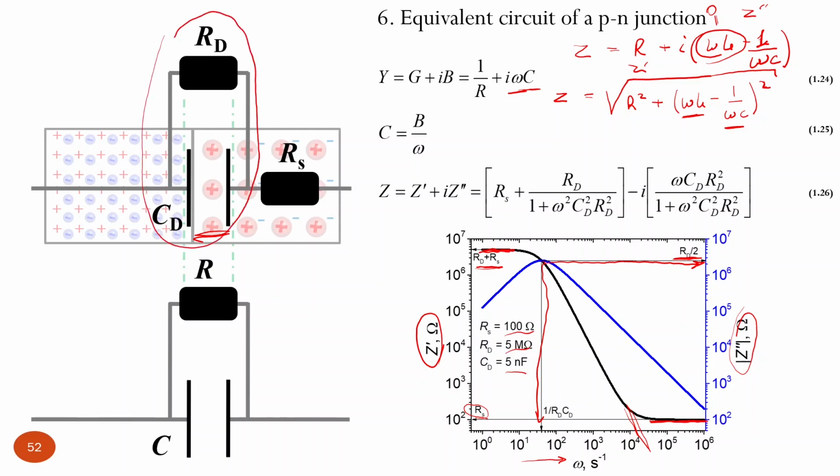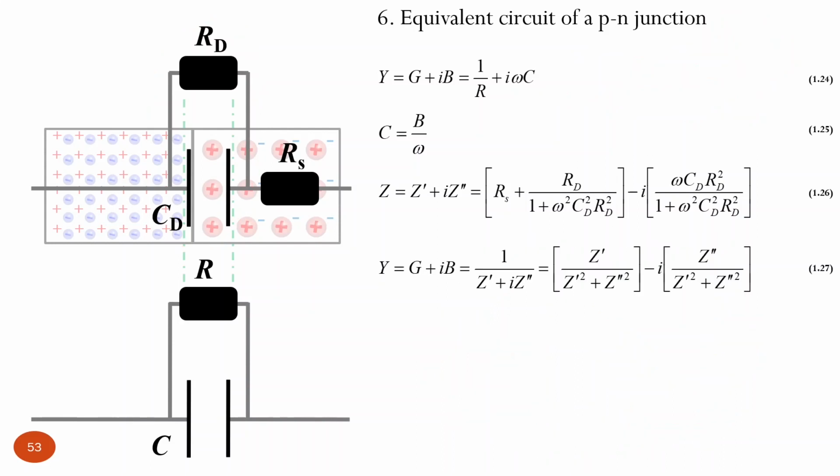Time constant is product of resistor and capacitor. It shows how fast we can discharge capacitor via this resistor. So from this position and magnitude of this peak of imaginary component of impedance, we can already determine quite like all parameters of this circuit.